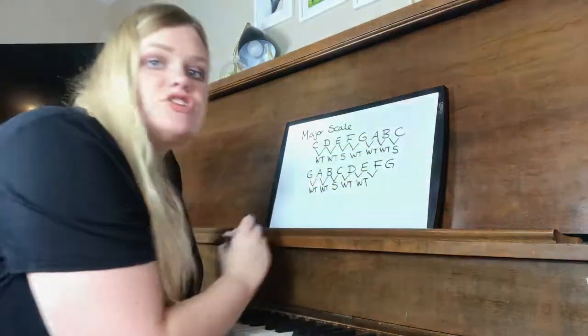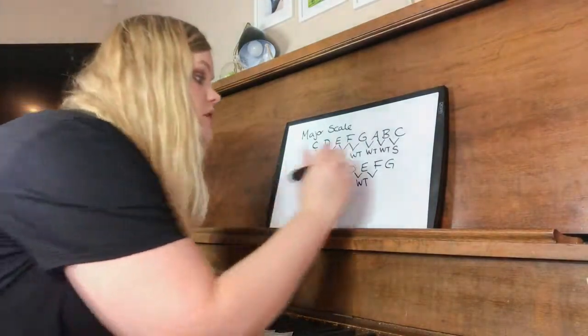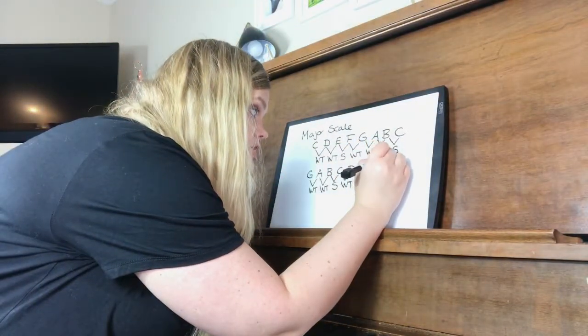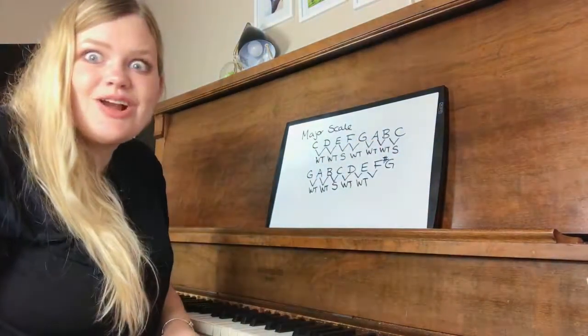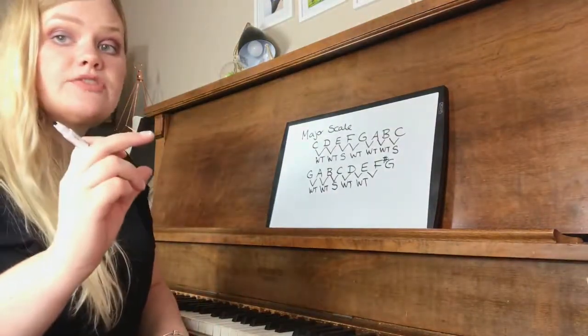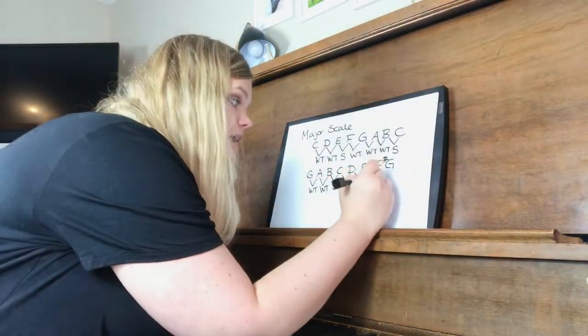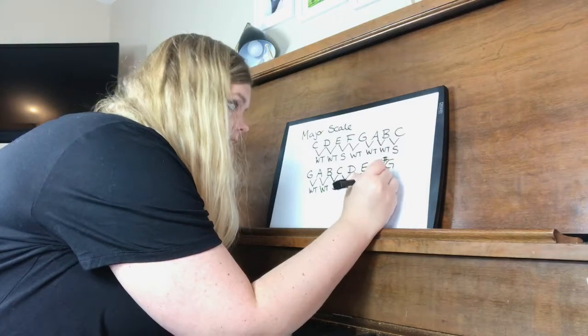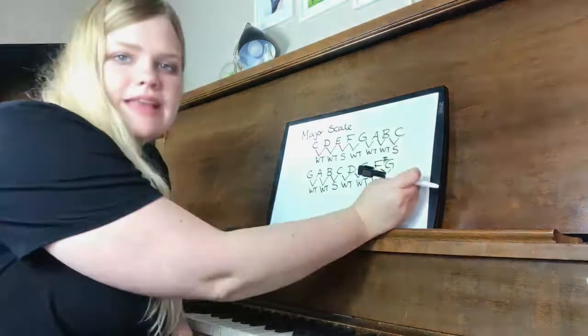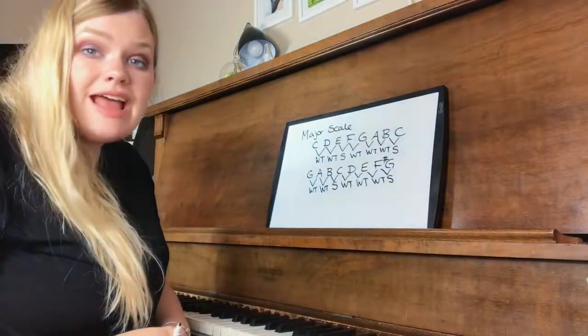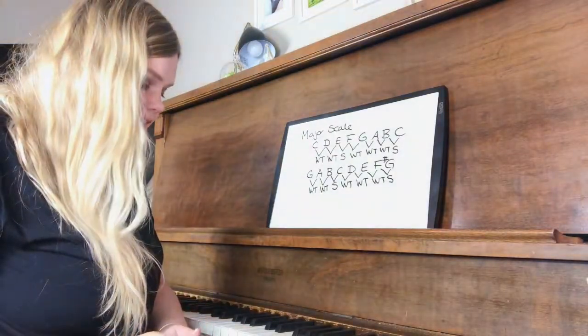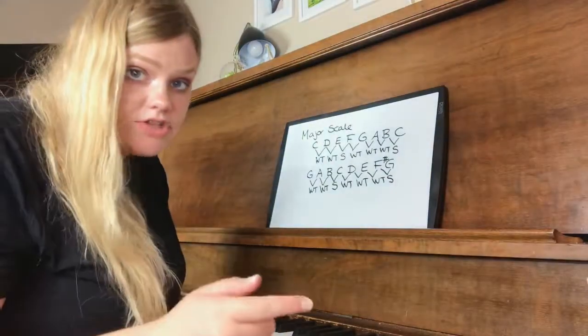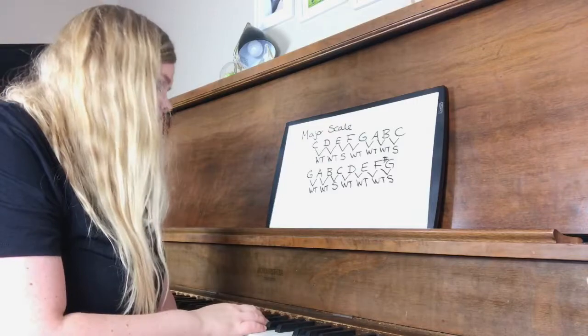The way that you change this F to make it into a whole tone is to turn it into a sharp. So now from an E to an F sharp is a whole tone. And the F sharp to a G is a semitone. If I were to play that G scale and not play that F sharp, it would not sound like a major scale.